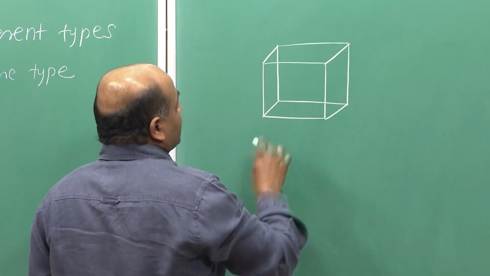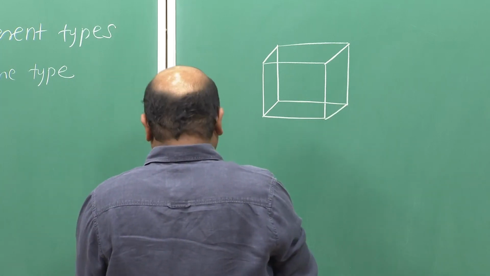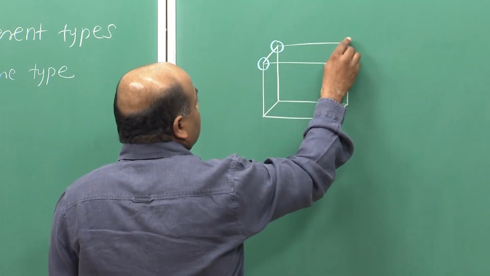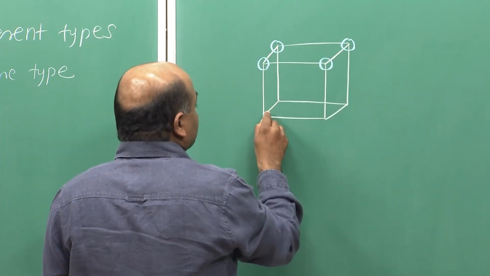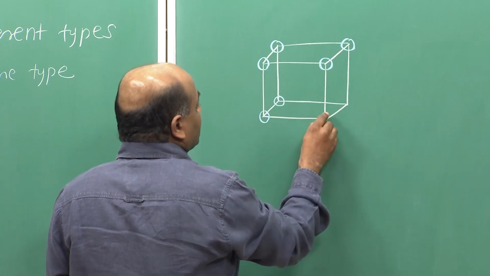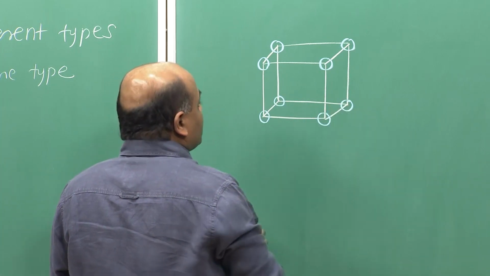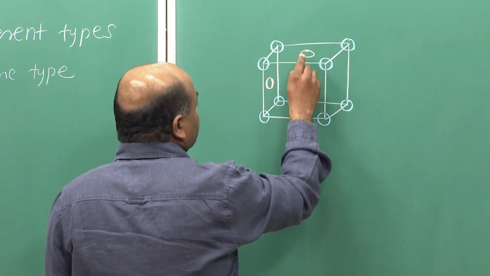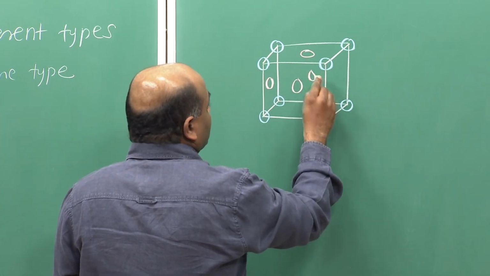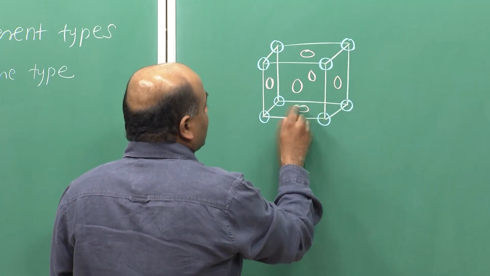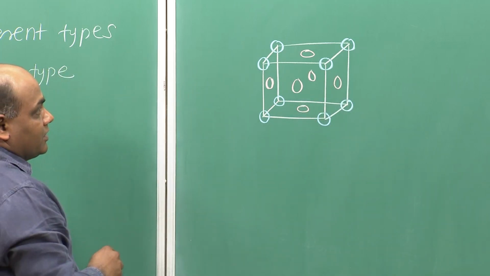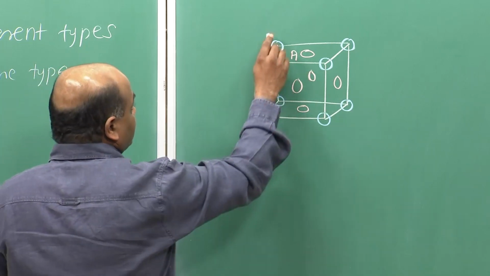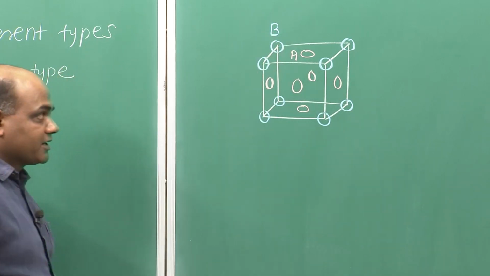So, all B atoms at the corners, all A atoms at the face centers. So, this is A type of atom, and the blue circles are B atoms.